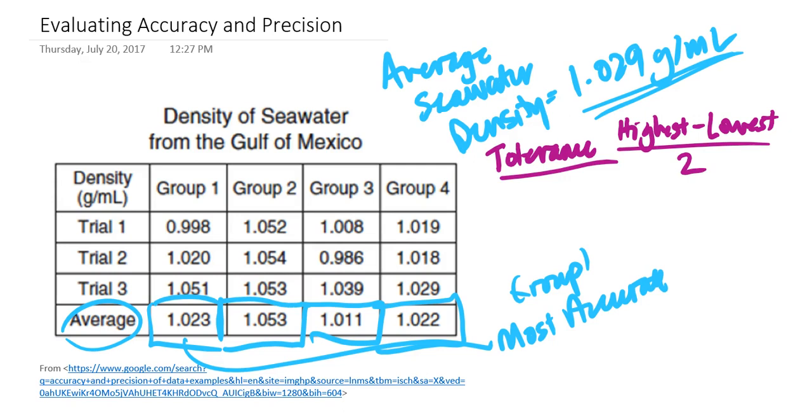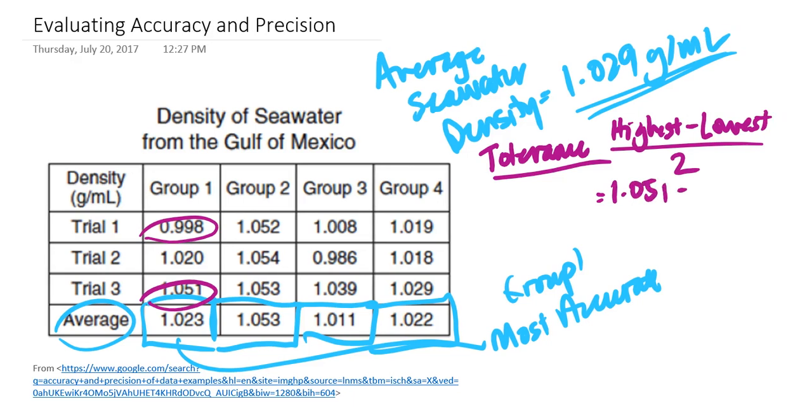For example, for group 1, 1.051 minus 0.998, divided by 2, gives a tolerance of 0.027.